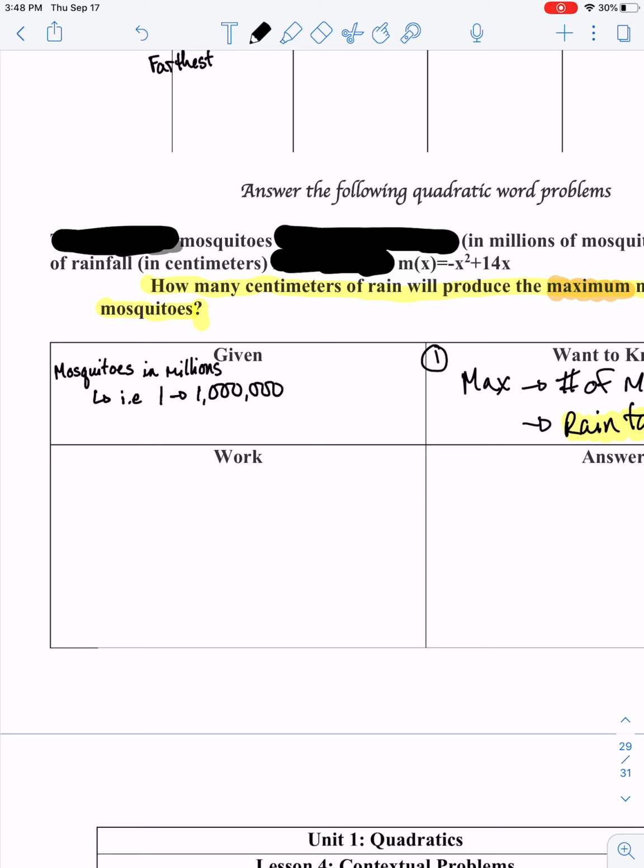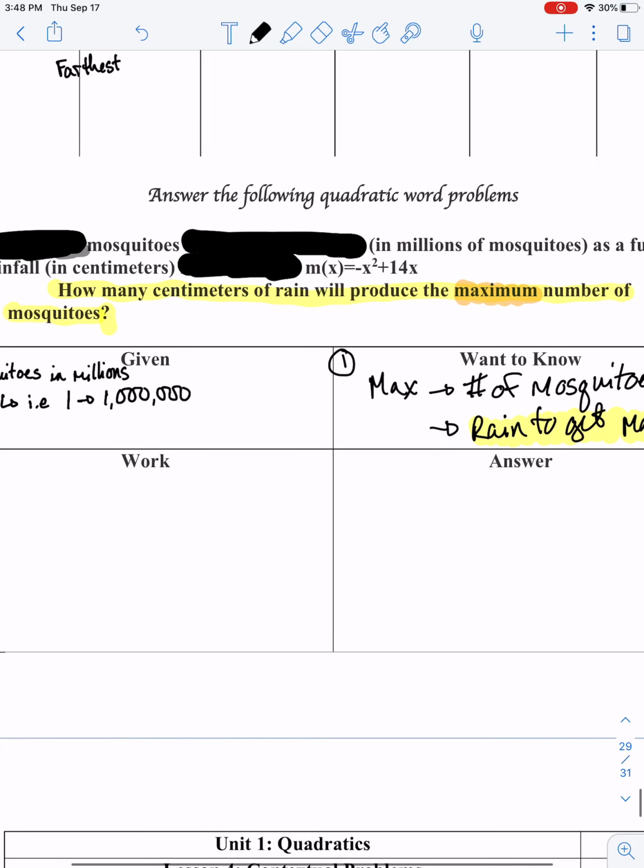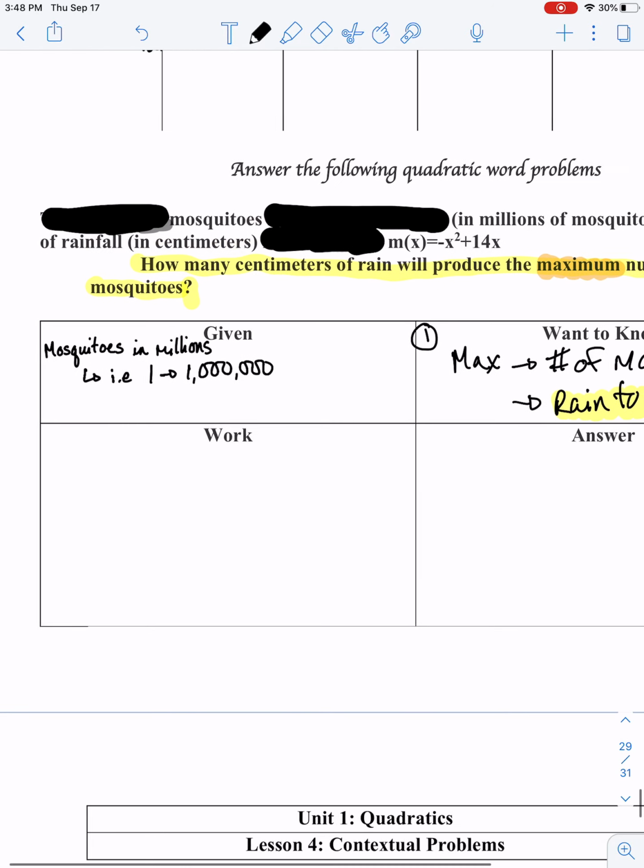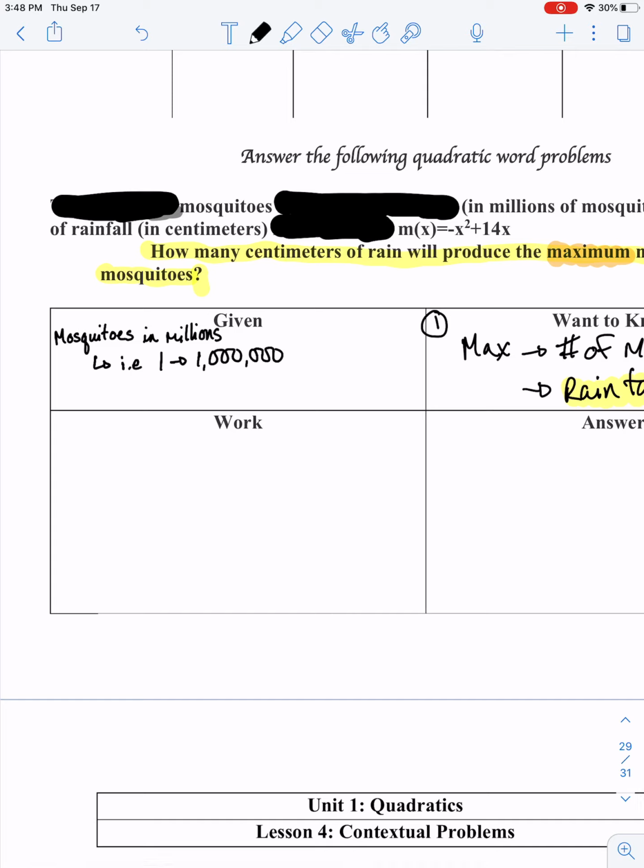So my scale on my graph I wind up creating, 1 really means 1 million, okay? As a function of rain, okay, now I know that rain is measured in centimeters. So again, an example, if I see 4.5, I know that means 4.5 centimeters.